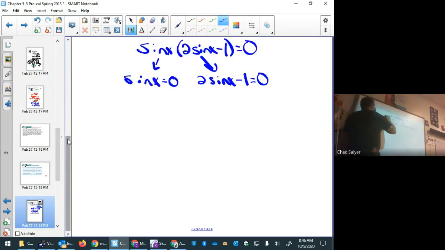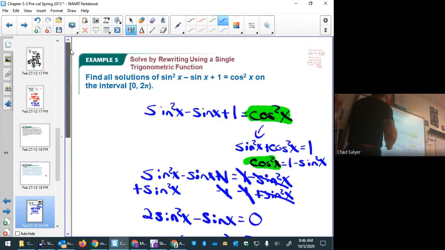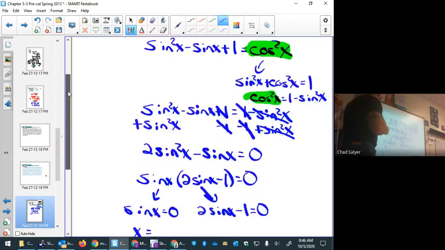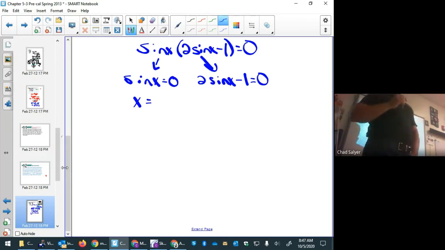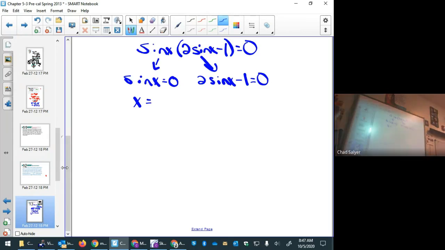So sine of x equals 0, and we're concerned about solutions on the unit circle. So the y coordinate is 0 only in 2 places on the unit circle. What are they? Now we're talking about where the y is 0. That was a 2 pi. Well, 2 pi, but we're going to use 0 for that value.